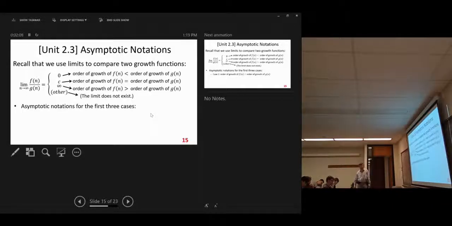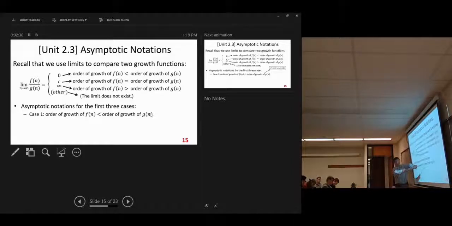Now we use asymptotic notations for the first three cases. That's the relatively easy part. Case one corresponds to this limit zero case. We use a shorter, simpler notation, because we don't want to write a long sentence every time to represent this meaning. We want a short notation to represent the same meaning.